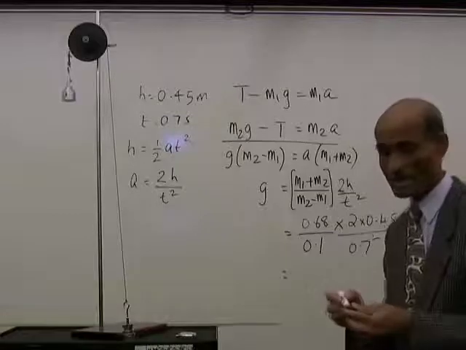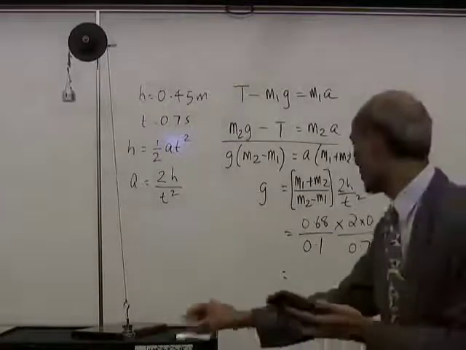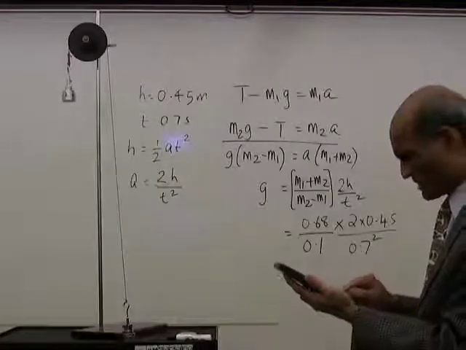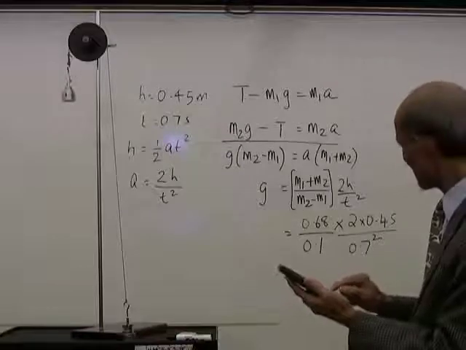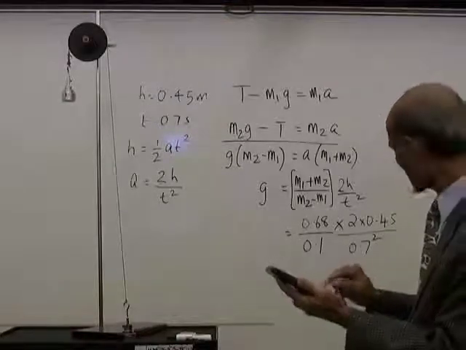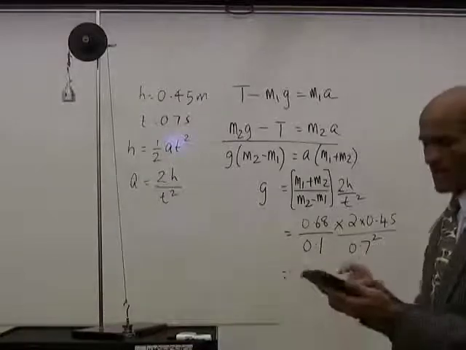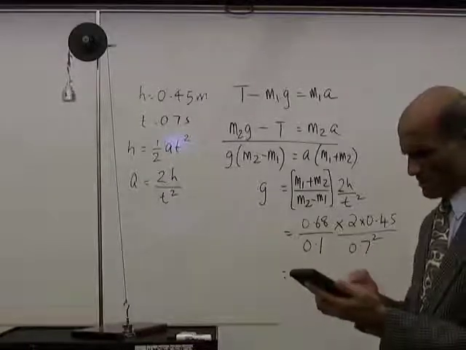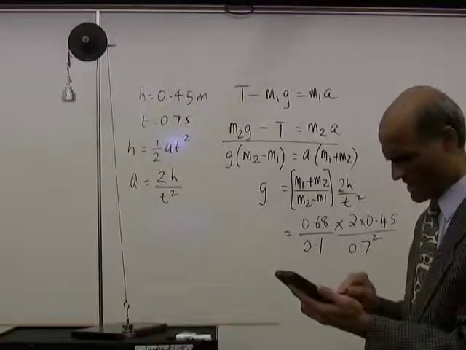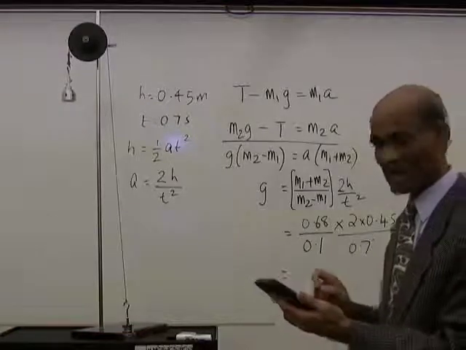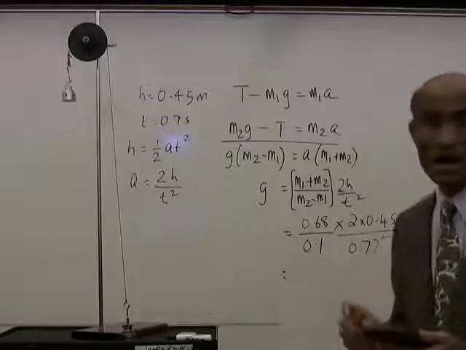Can you calculate that for me? Well, I'm going to calculate that along with you. 0.68 multiplied by 2 times 0.45 divided by 0.1 multiplied by 0.7 squared. Well, that gave me a fairly large value. That means the time.